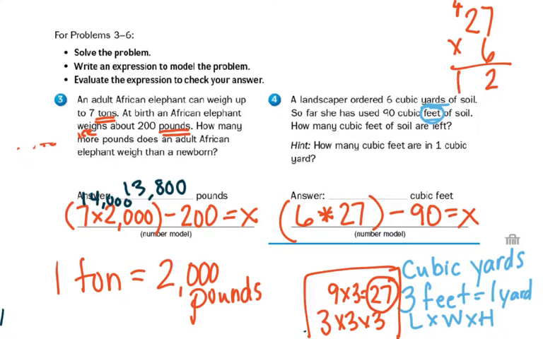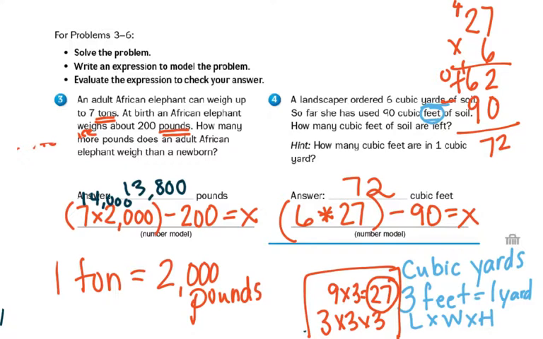Plus 4 is 16. Then I subtract 90 from it. She's used 90 cubic feet already. So 2 minus 0 is 2. 16 minus 9 is 7. She has 72 cubic feet of soil left.